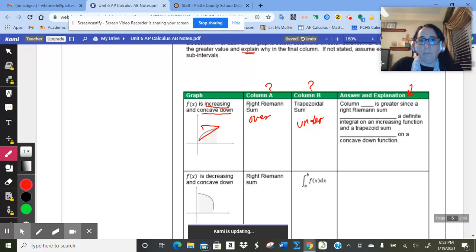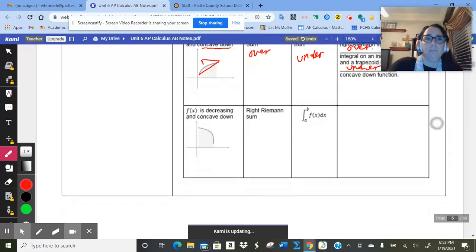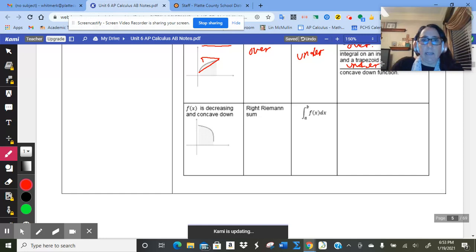So column A is greater. The right Riemann sum is the over approximation, and the trapezoidal sum is the under approximation. Okay, next one. If you didn't pause me for all of them, then pause me now. Otherwise, go ahead and flow.